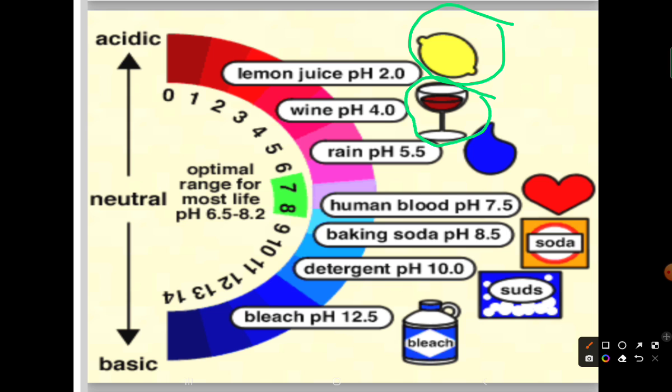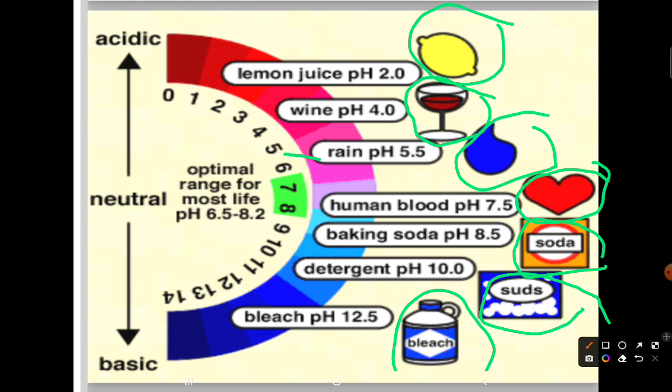Lime pH 5.5. And human blood pH 7.5. Baking soda pH 8.5. Detergent pH 10.0. Bleach pH 12.5.